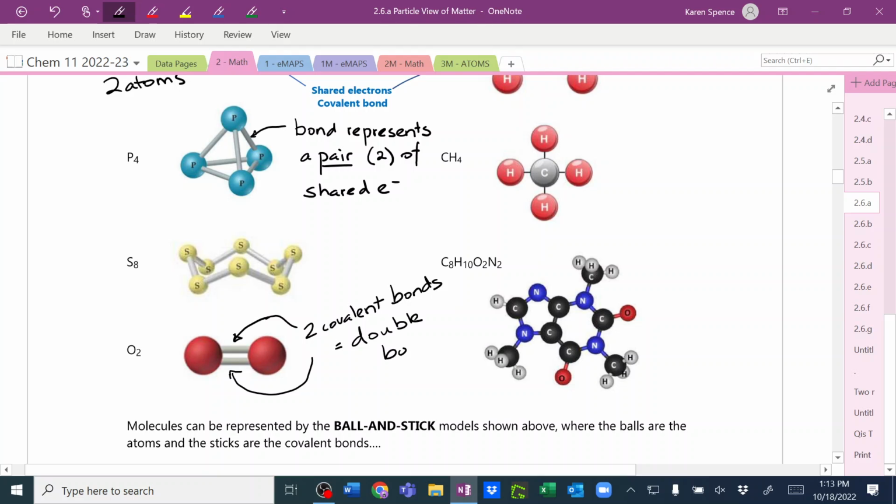Double bond. So if you see 2 lines, what kind of bond is it? Double bond. If you see 1 line, what kind of bond is it? It's not a double bond, it's a single bond. Yes, so when we have this double bond, that equals 2 pairs or 4 shared electrons.